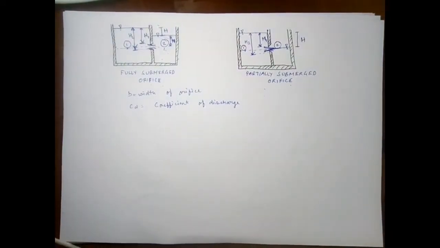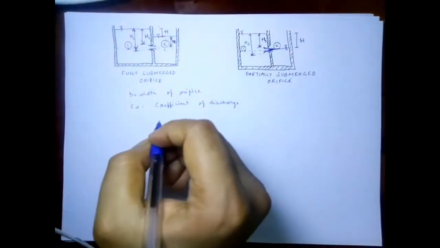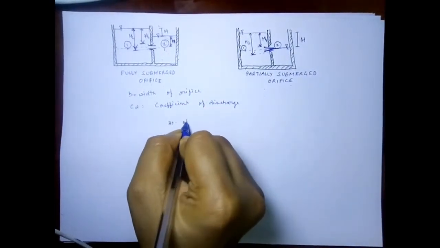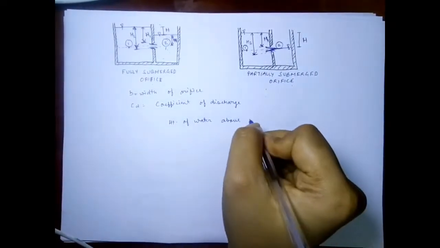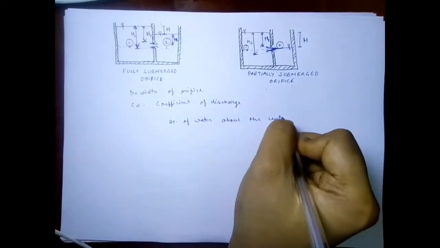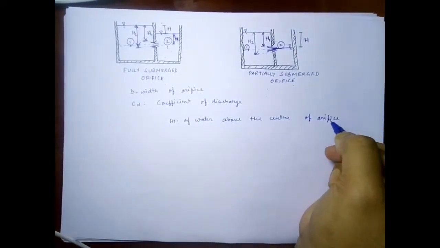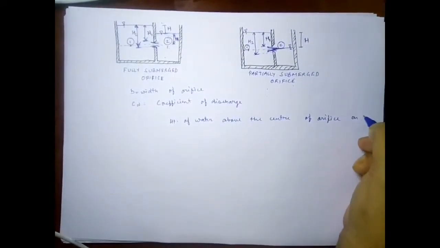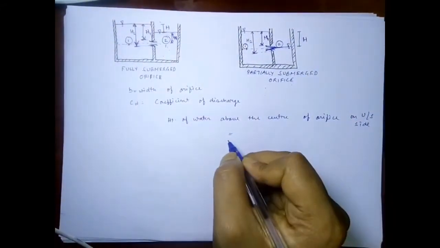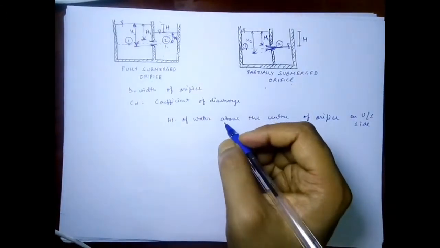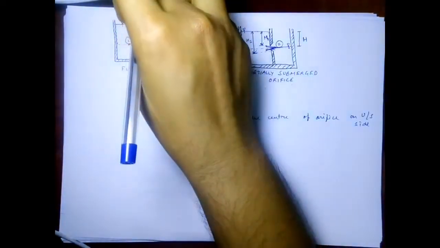So I can say that the height of the water above the center of the orifice on the upstream side is equal to H1.